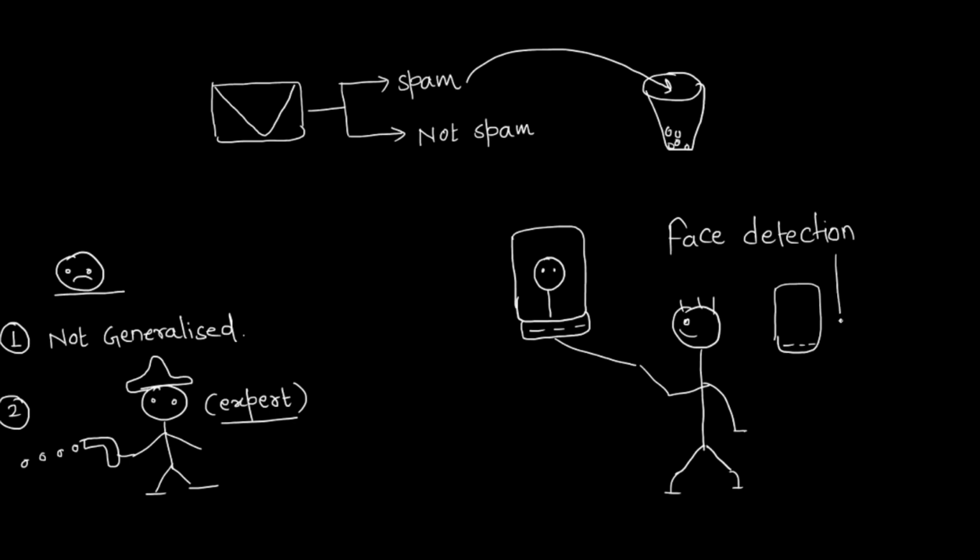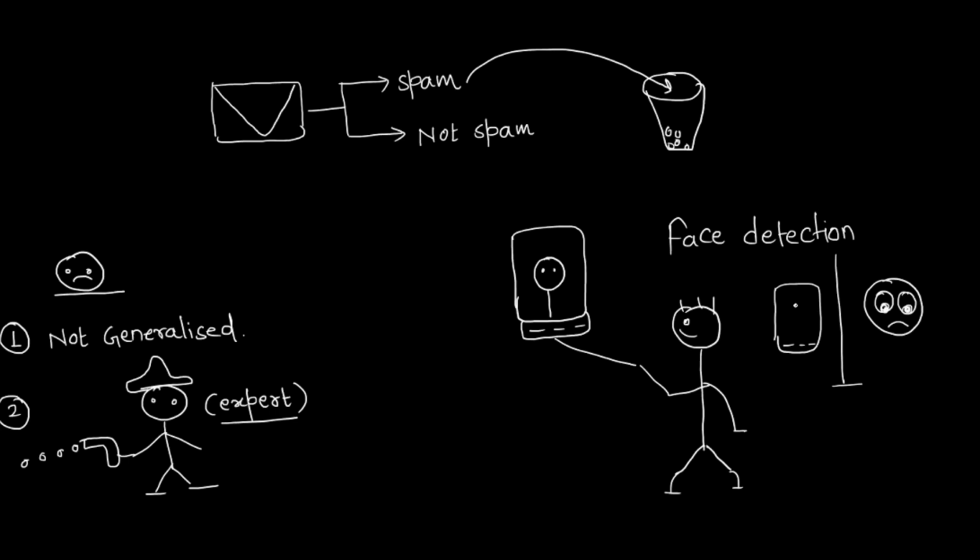So there was a difference between the computer and the human eye, and because of that it was almost impossible to come up with some set of rules which would identify the image.